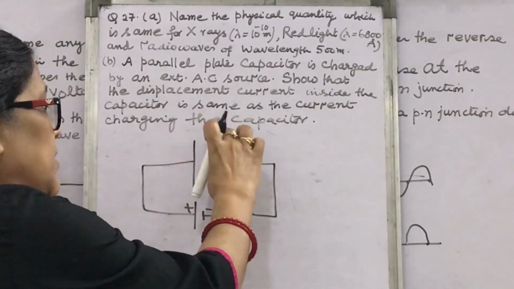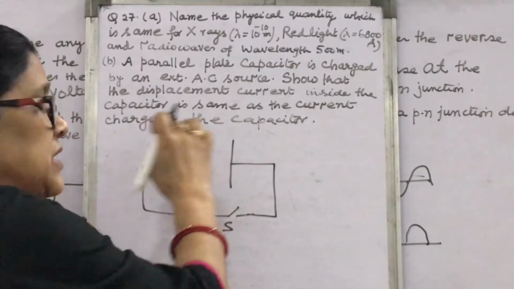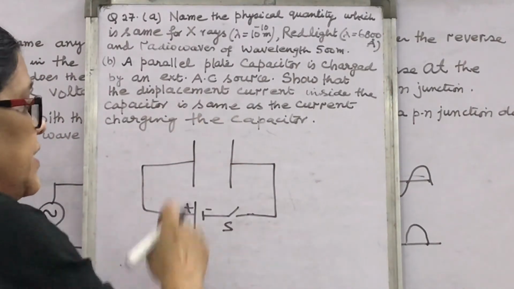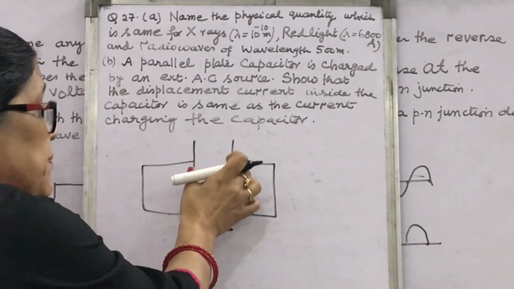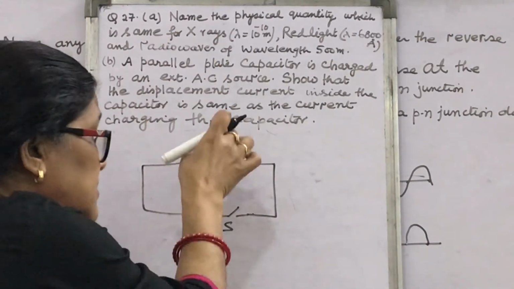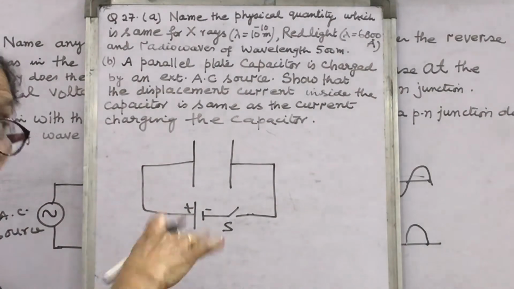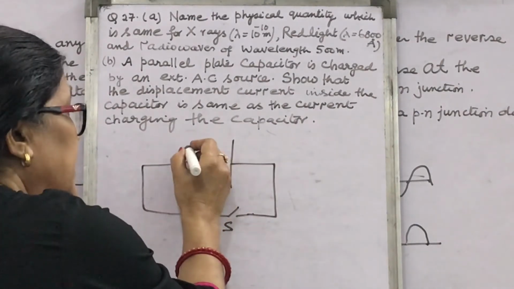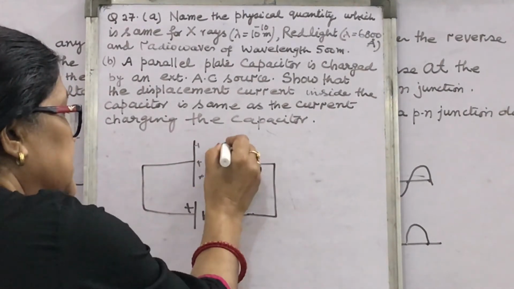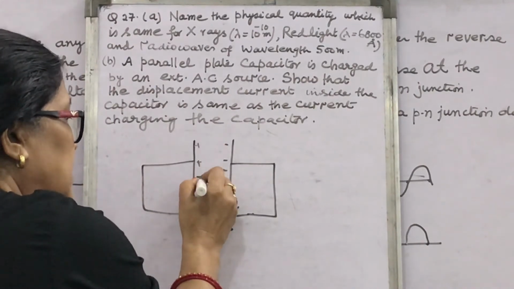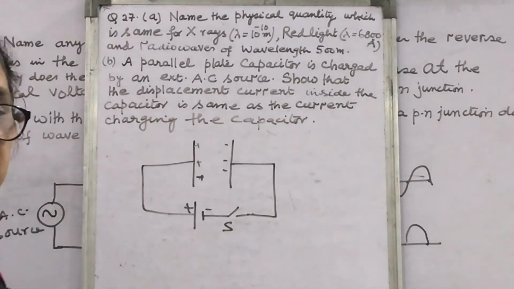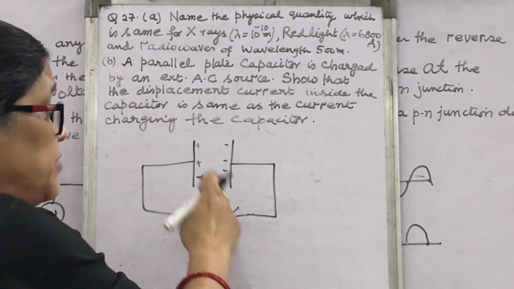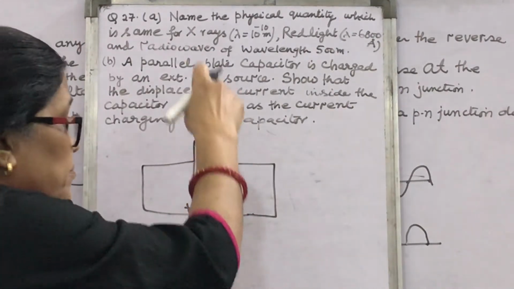So they acquire a potential difference, positive and negative. And whenever the capacitor is charging, during that time the electric field, this is positive and this is negative, and these charges go on increasing. I am talking about the time while it is being charged.